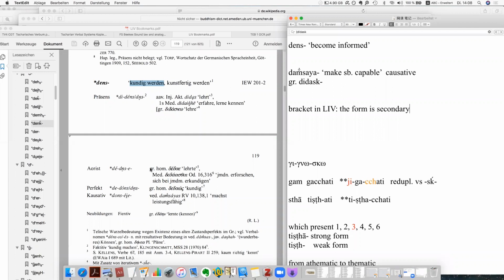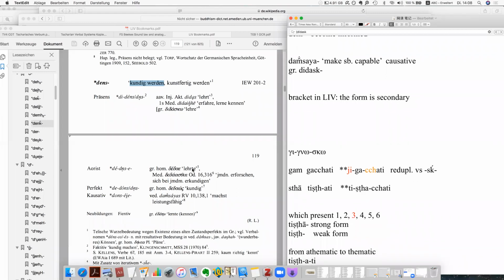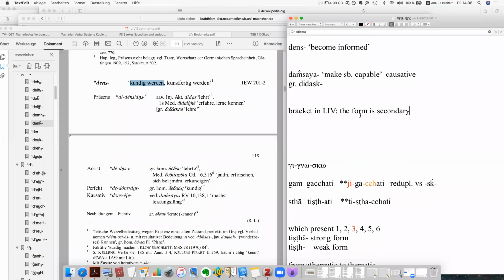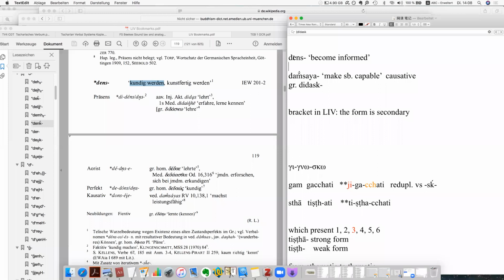And then the aorist. There's no bracket, right? So this aorist form is primary, directly from PIE. So what is the meaning of dedae? Dedae also means taught, the past of teach, right? So what is the meaning of taught? The original word means become informed.